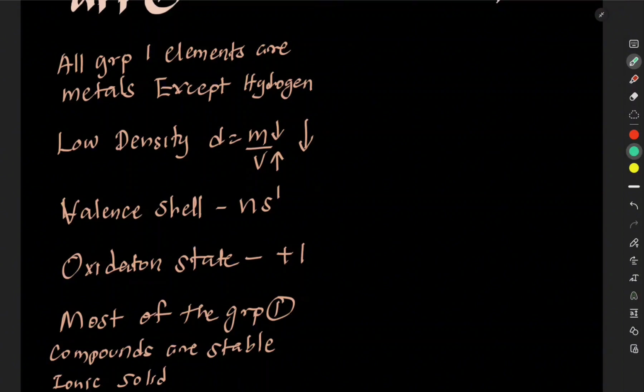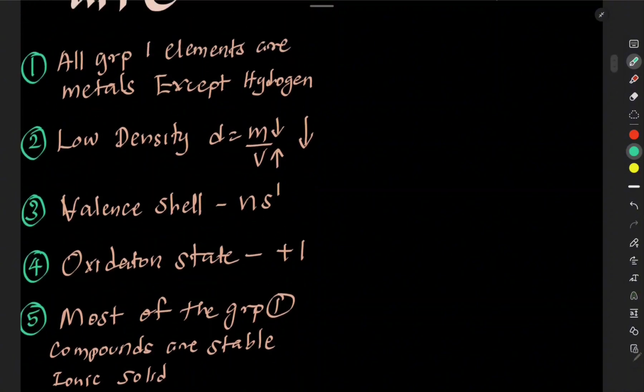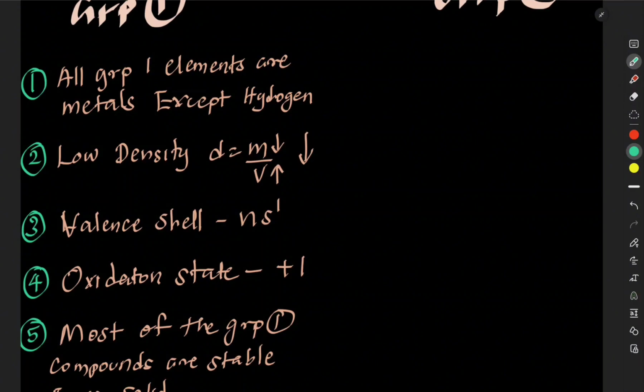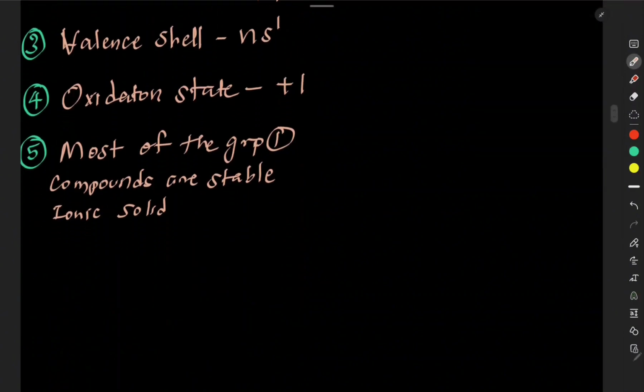We have seen some points. There are five main important points. The group 1 elements are called alkali metals.